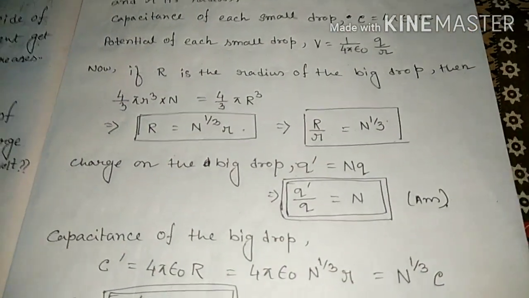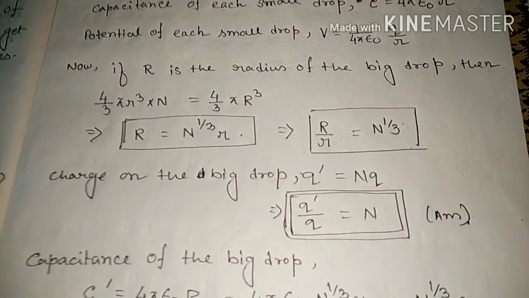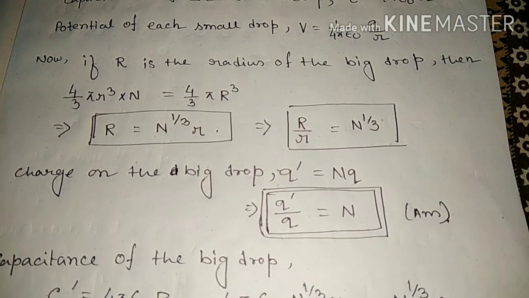Now charge. First we compare charge. Charge on the big drop, Q dash, equals N into Q, because N number of charges is there.